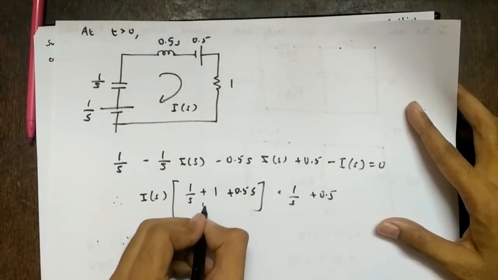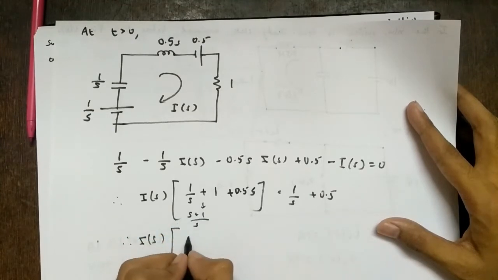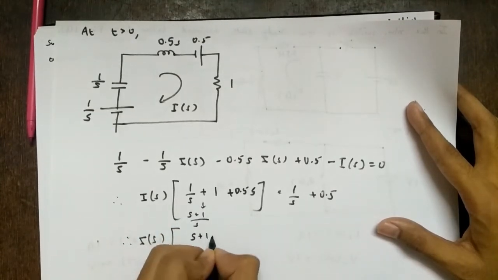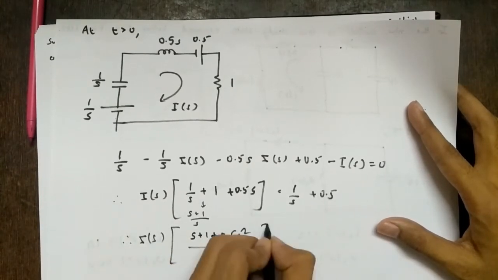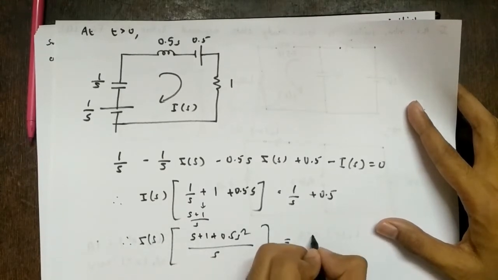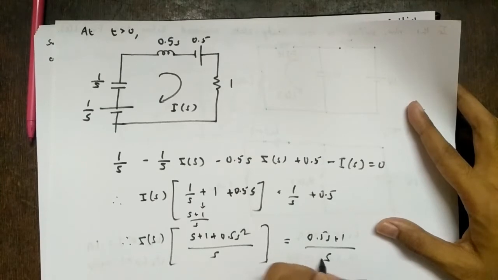I am skipping one step, so s plus 1 by s. So s plus 1 plus 0.5 s square upon s equals 0.5 s plus 1 upon s.